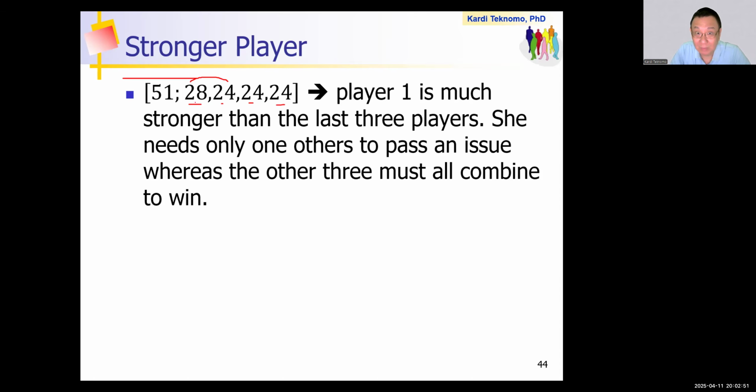So 28 plus 24 is 52. Yes, 52 is larger than the quota. Meaning player 1 needs only one other player in order to create a coalition to win. Clear? That's why we call her the stronger player.